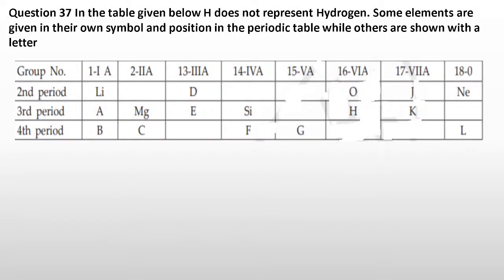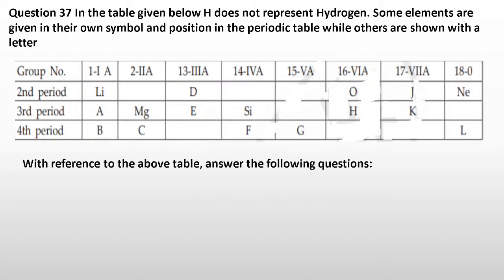In the table given below, H does not represent hydrogen. Some elements are given in their own symbol and position in the periodic table, while others are shown with a letter. With reference to this table, answer the questions.